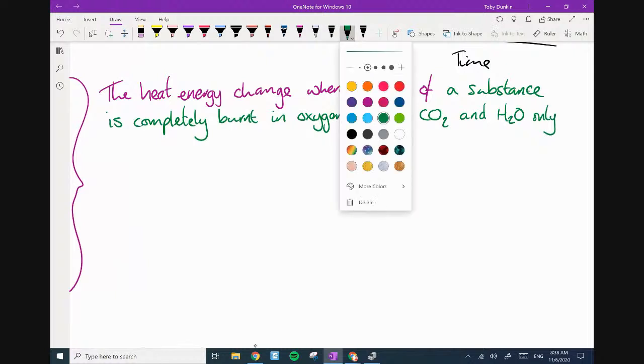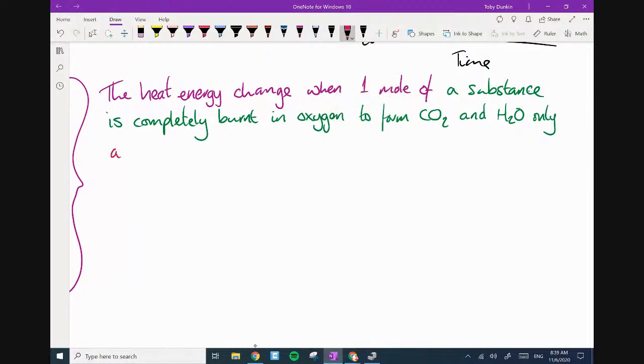Switch back to purple. All under standard conditions.